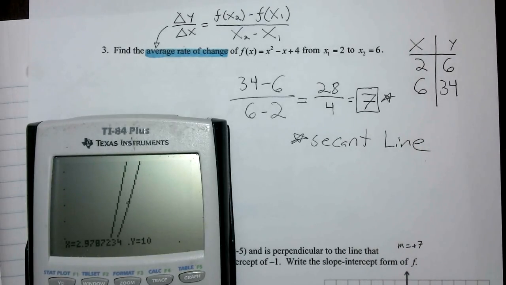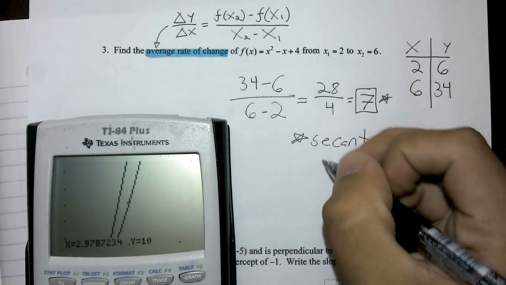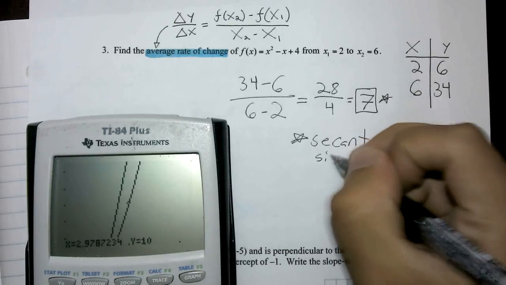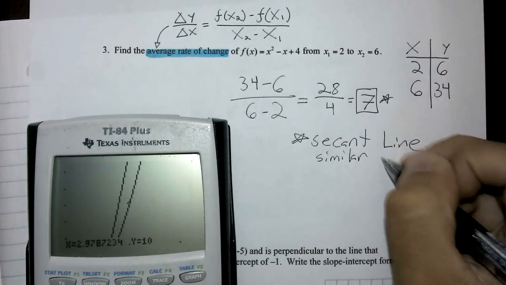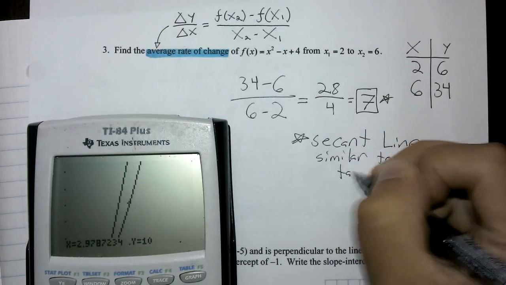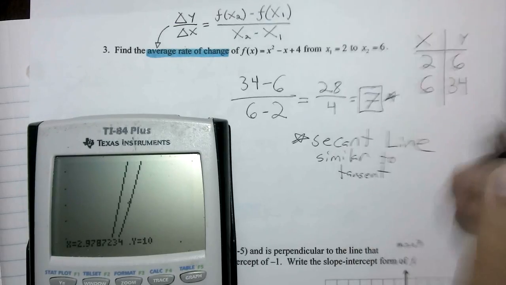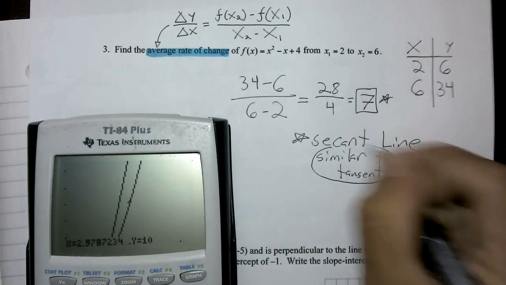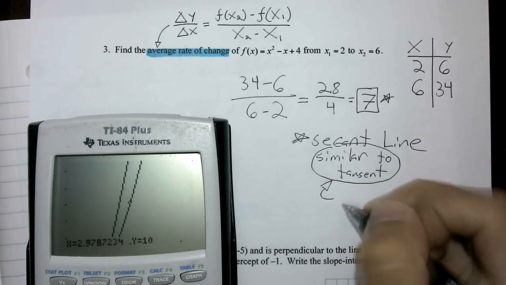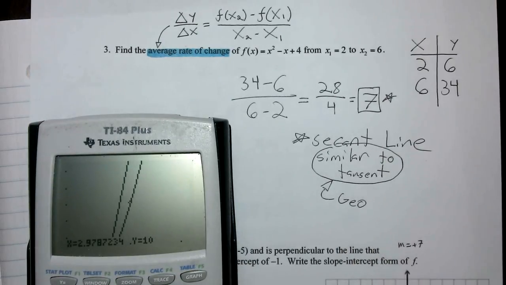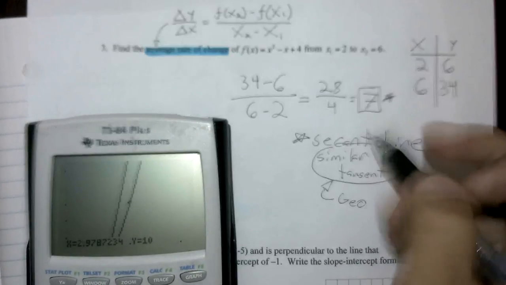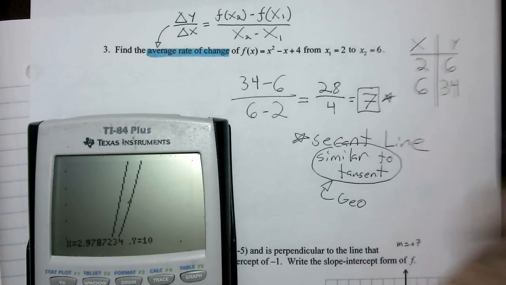So eventually, when you take calculus, you'll see that this secant line is kind of similar to tangent line from geometry. And this is from geometry. So if you recall that from geometry, that's cool. But I'm just really taking this idea further where this 7 ends up as the slope for the secant line.